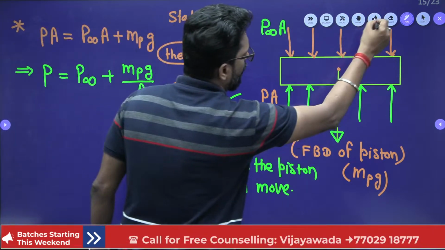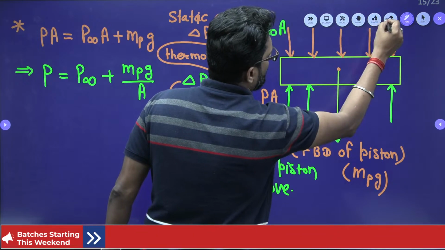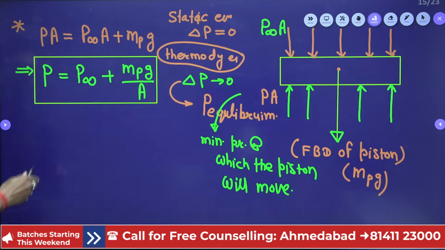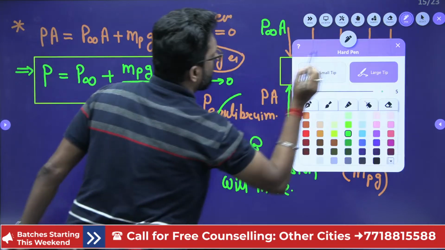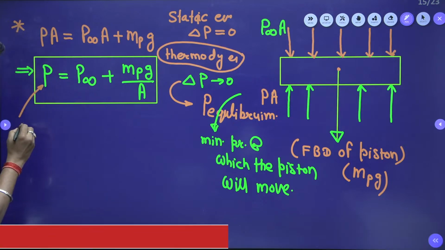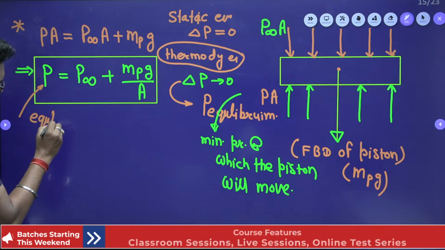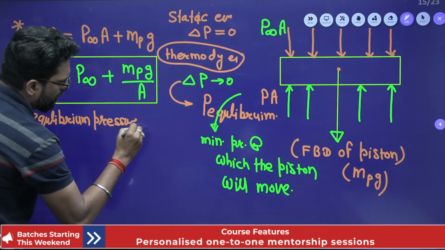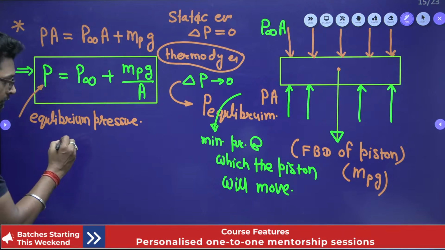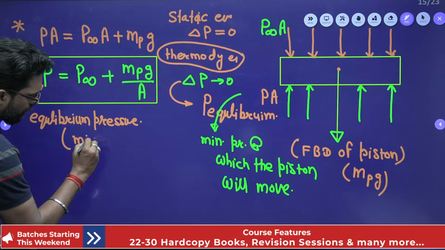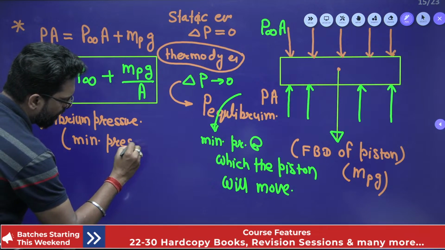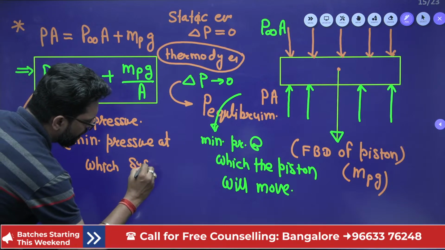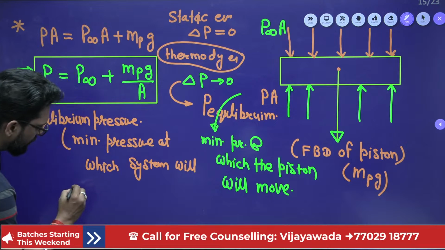My dear, this is your minimum pressure. Mind it. This is your equilibrium pressure. Very important. It is also called the minimum pressure at which the system will execute.